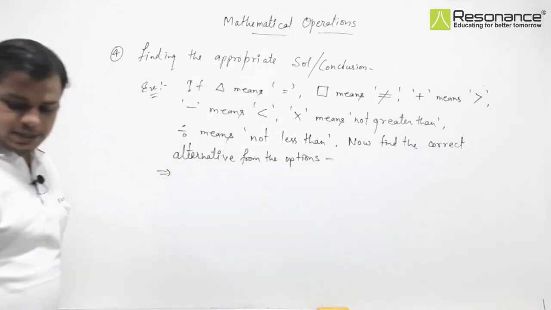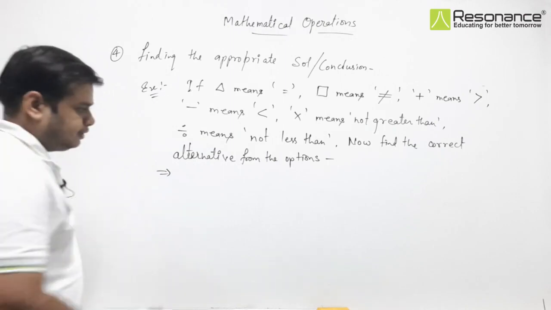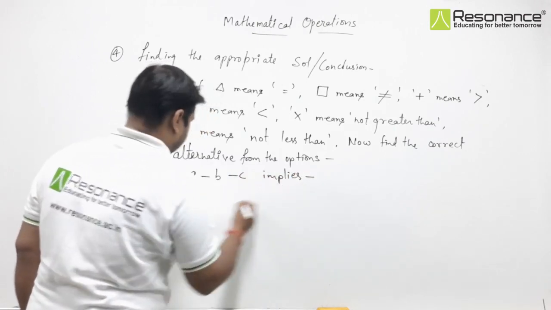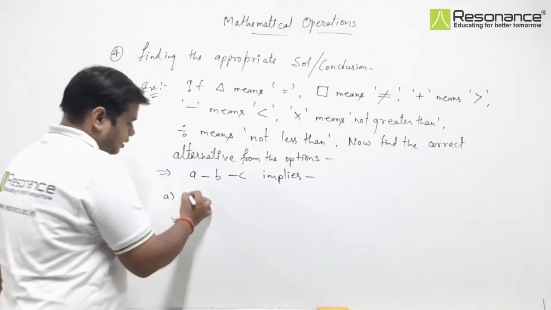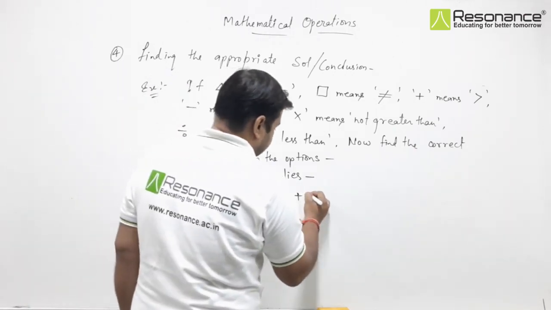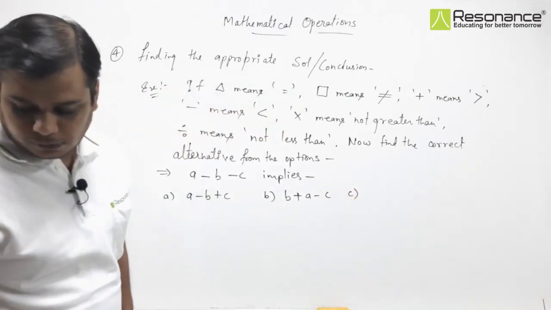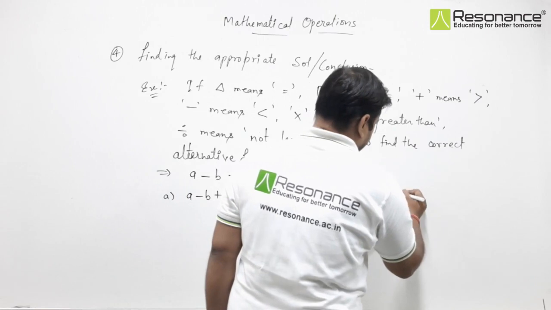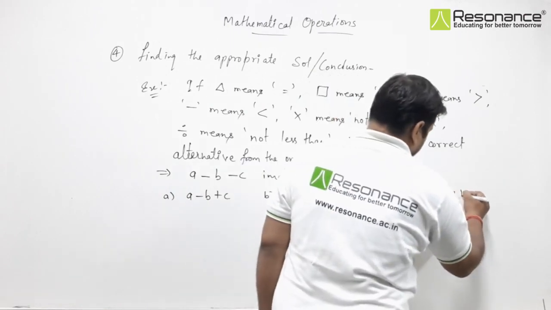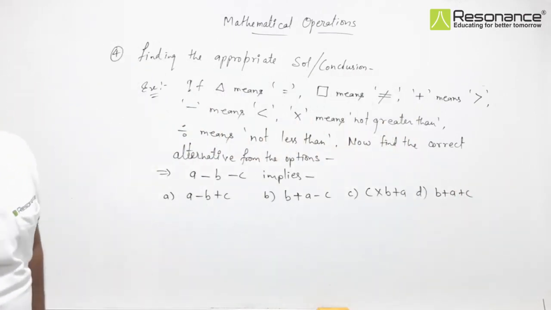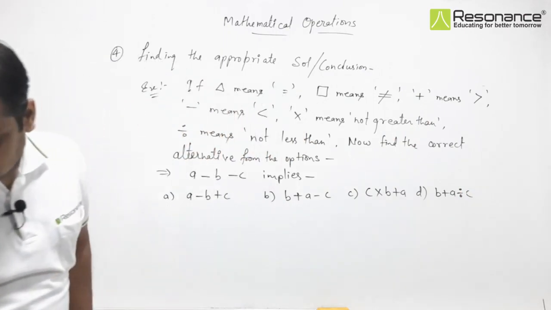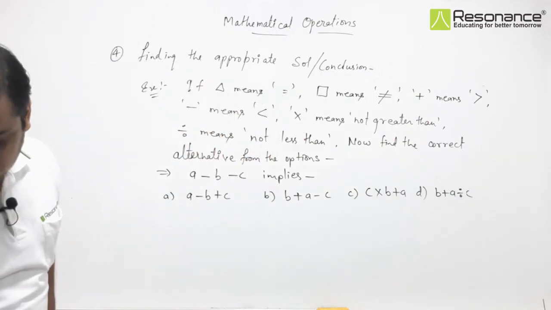The question we have is A minus B minus C implies, and the options are: A minus B plus C, B plus A minus C, C multiplied by B plus A, and the last option is B plus A divided by C. Okay.